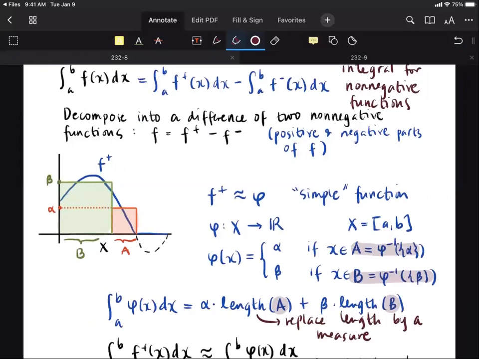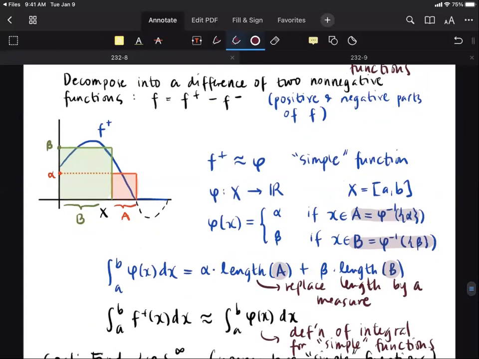By simple, we mean that the values are only finite. For this illustration, we have two values, namely alpha and beta. And the values are either alpha or beta, depending on whether x is in A or x is in B in this figure. And we can approximate the integral of the positive part by the integral of this approximating simple function.